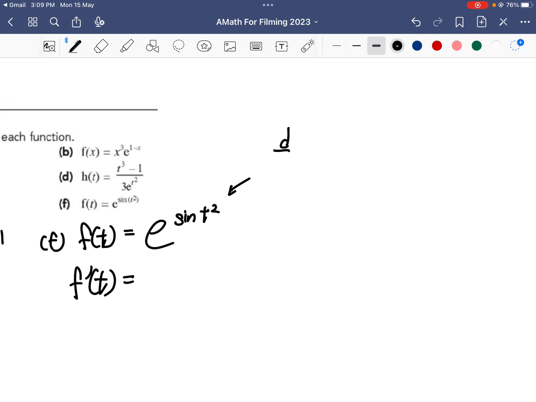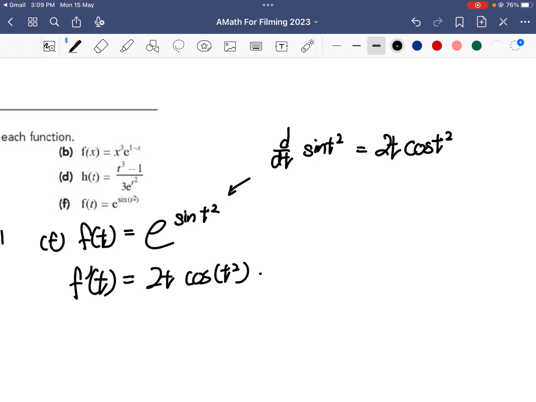If I differentiate sine t squared with respect to t, I get cosine of t squared. Don't forget to differentiate this t squared here to give me 2t. So what happens here will be 2t times cosine of t squared multiplied by e to the power of sine of t squared. And that is it for part f itself.